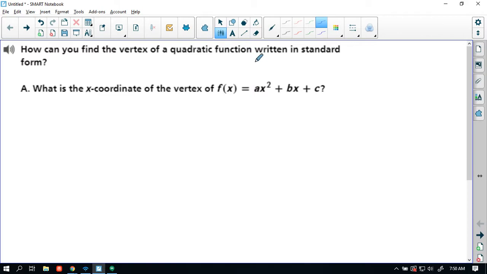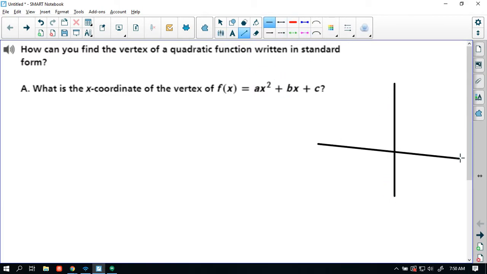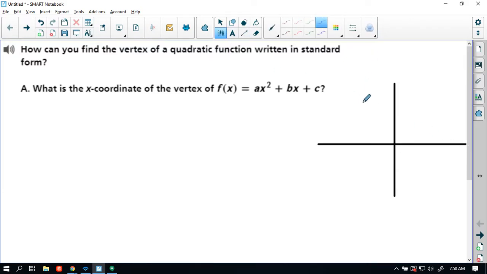So just really fast, a reminder of what the vertex is. If I have a quadratic function, it doesn't matter if it's in vertex form or standard form, it will have this standard parabola shape. And at the very bottom of this parabola is your vertex.